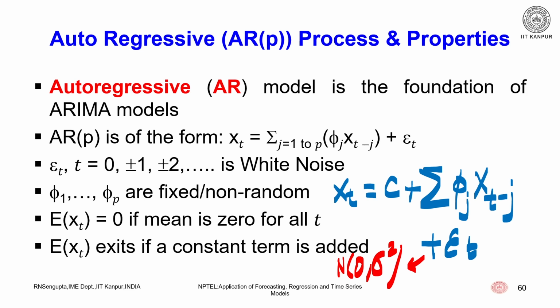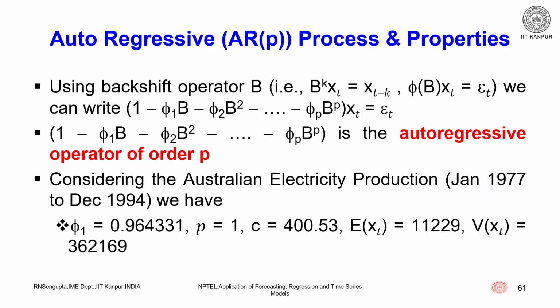The last point is that the expected value exists if a constant term is added, and we will see that soon when we come to the final results. Now, using the backshift operator B, which was mentioned in the 11th week but I did not go into the details, I will discuss the details right now.